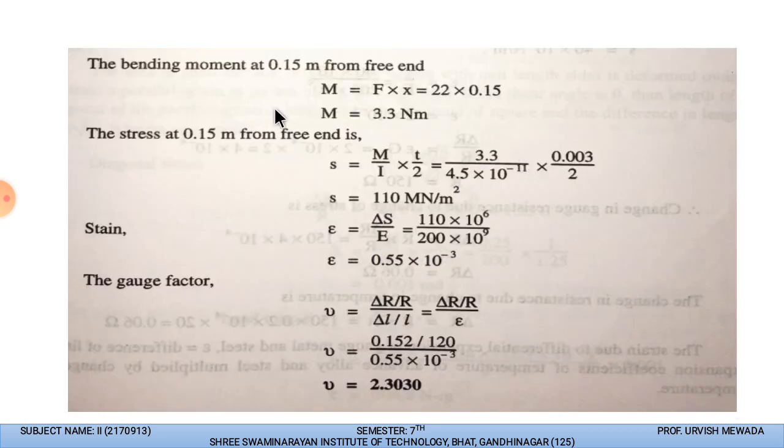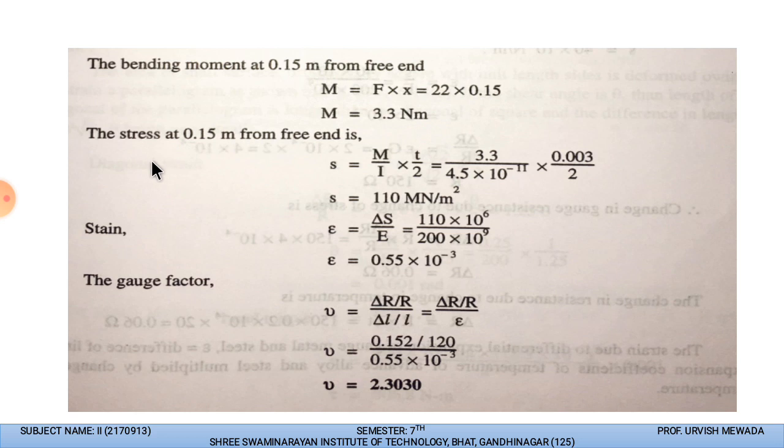So the equation is M is equal to F into x. So we have the value of F, that is force that we found out from the previous slide, and x is the distance at which the strain gauge is mounted on the steel cantilever. So from this we can determine the value of bending moment M, that is 3.3 Newton meter.